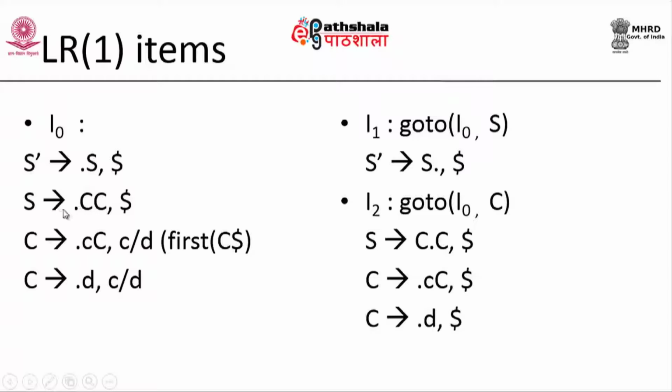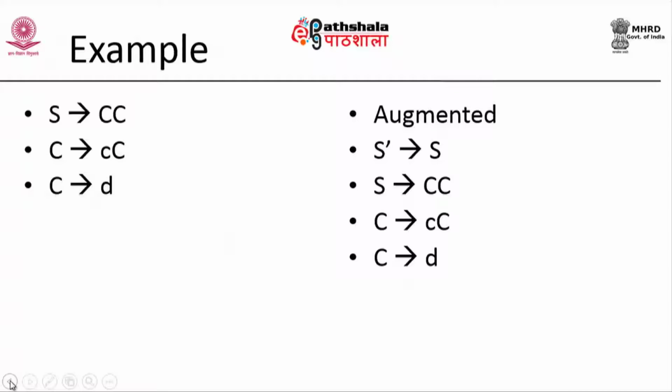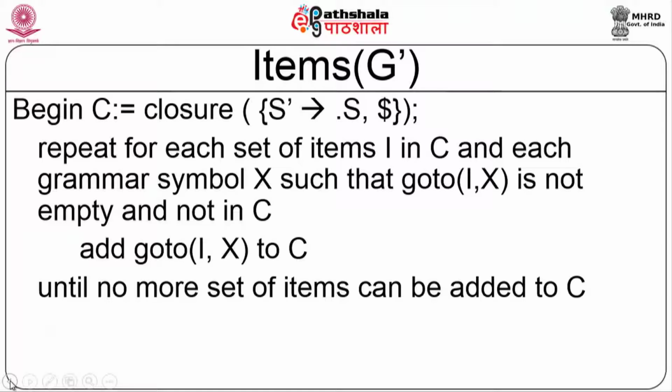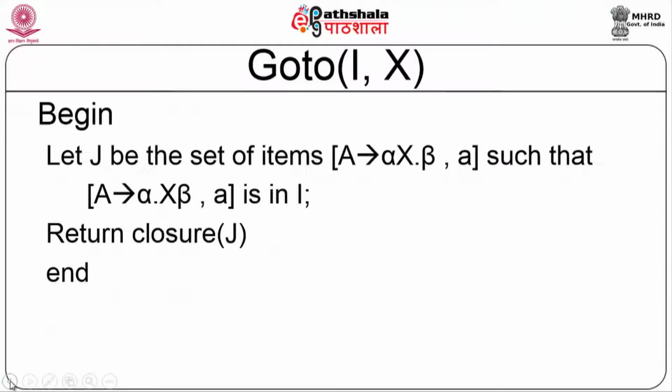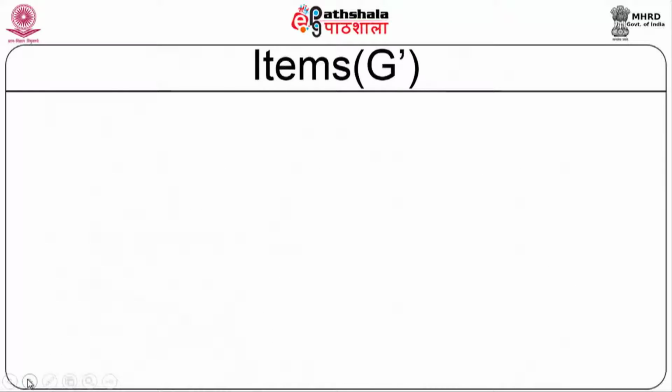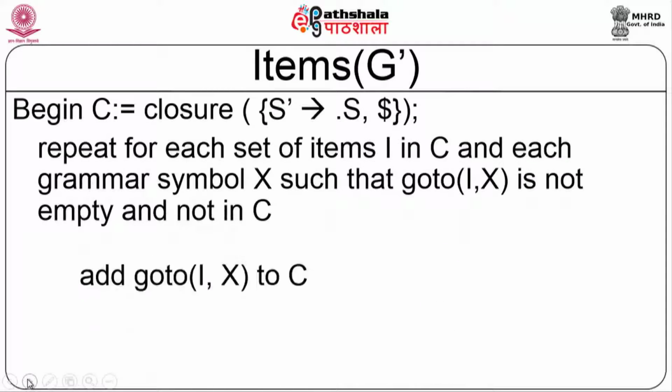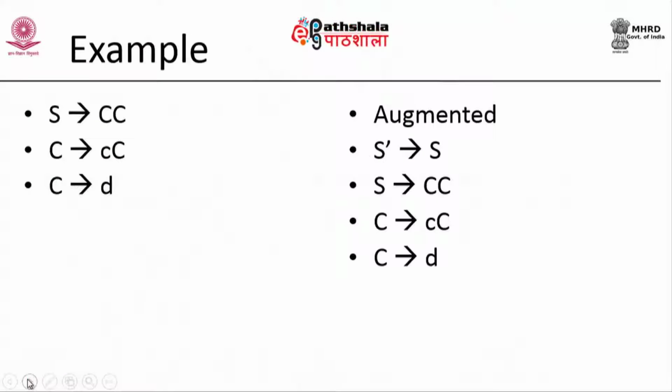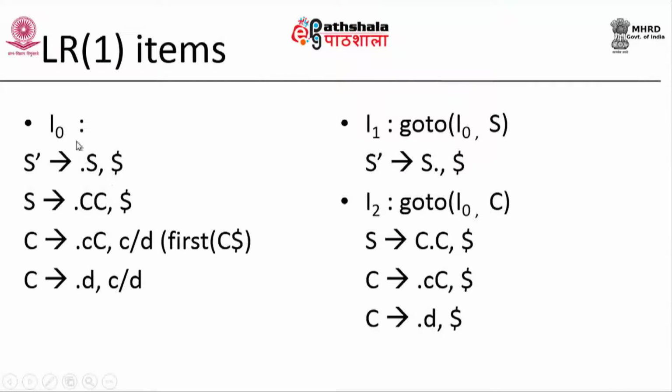Okay. See, alpha dot beta. So, if you look at the algorithm here, the algorithm will have alpha dot B beta, okay, and I have to look at first of beta A. So, after the dot, whatever symbol is available, I have to look at first of beta A. So, in this situation, this is the condition where I will be adding first of beta A. So beta will be after this basically.